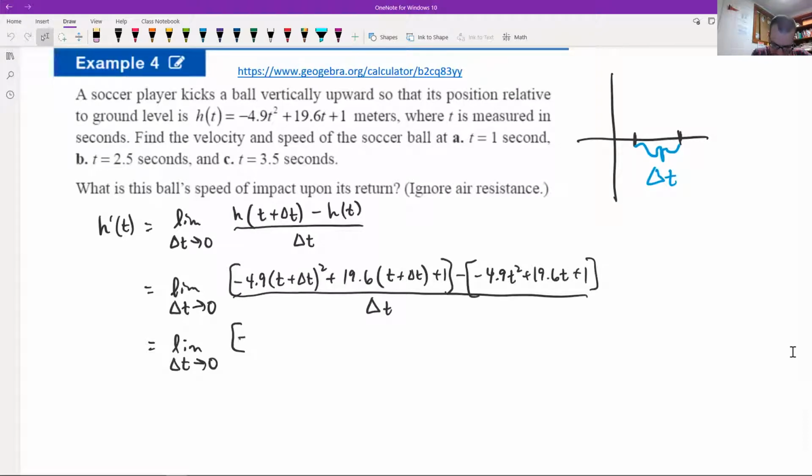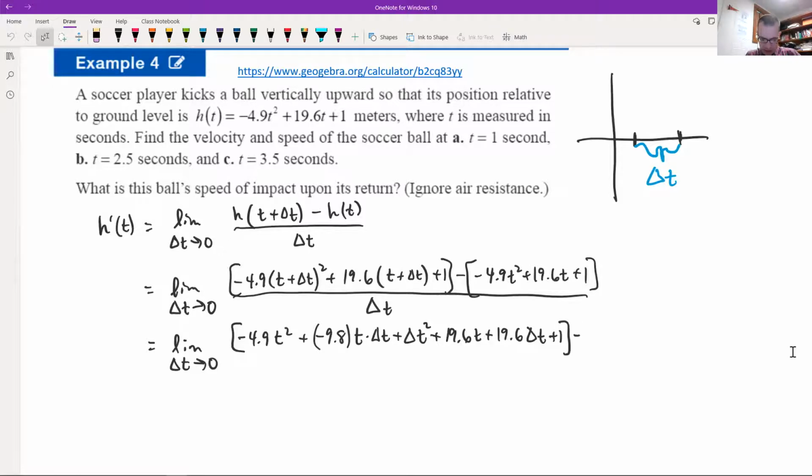So that we have negative 4.9 t squared, plus negative 9.8, because there's going to be two of these, t times delta t, and then plus delta t squared, plus 19.6 t, plus 19.6 delta t, plus 1, and then minus all the rest.